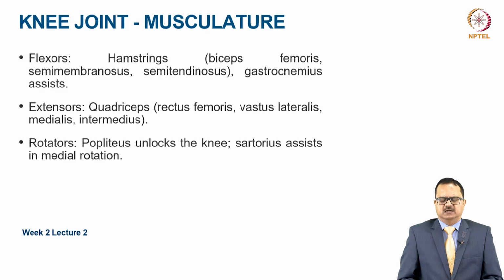The extensors are the quadriceps, comprising the rectus femoris, vastus lateralis, vastus medialis, and vastus intermedius. There is some amount of rotation which is possible at the knee because of the popliteus, which unlocks the knee, and the sartorius, which causes medial rotation.